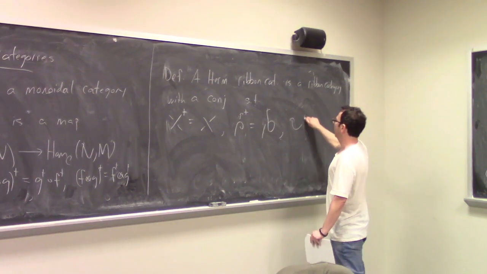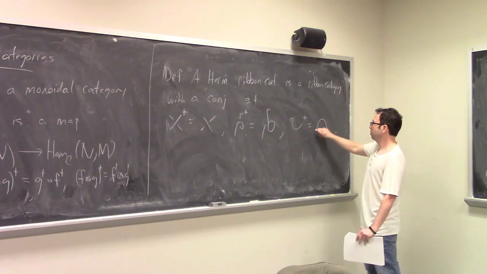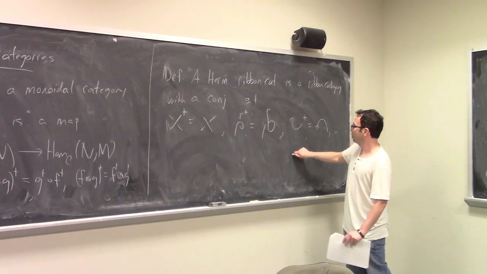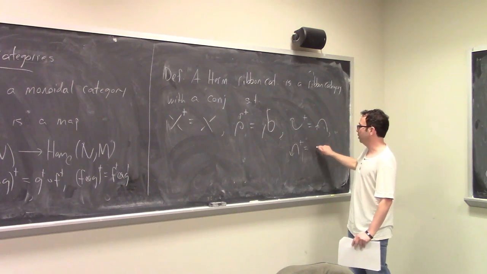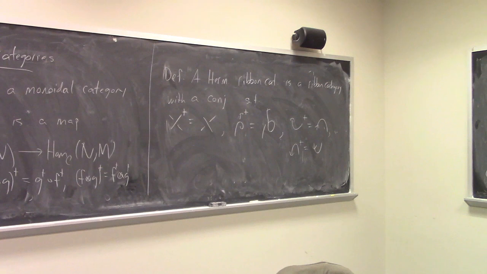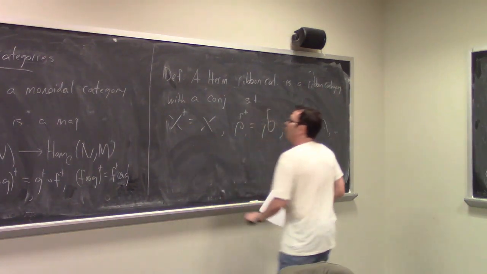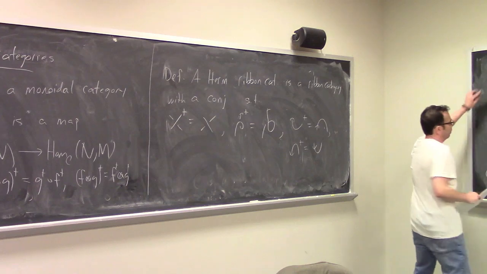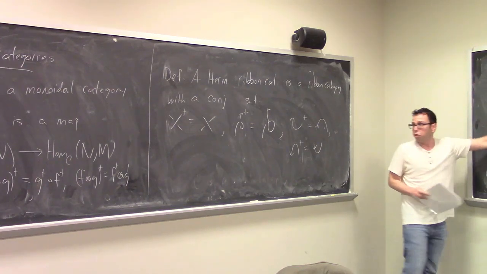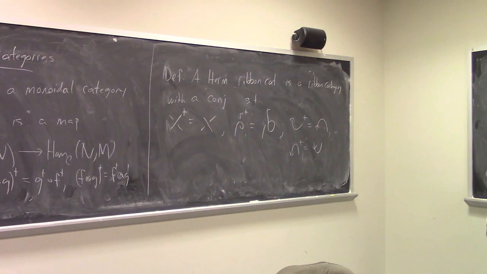Dagger of co-evaluation is evaluation, and dagger of evaluation is co-evaluation. These are the natural things you would want. I think I need to skip quite a bit about putting a dagger structure on these categories, but maybe I'll start to state a theorem.